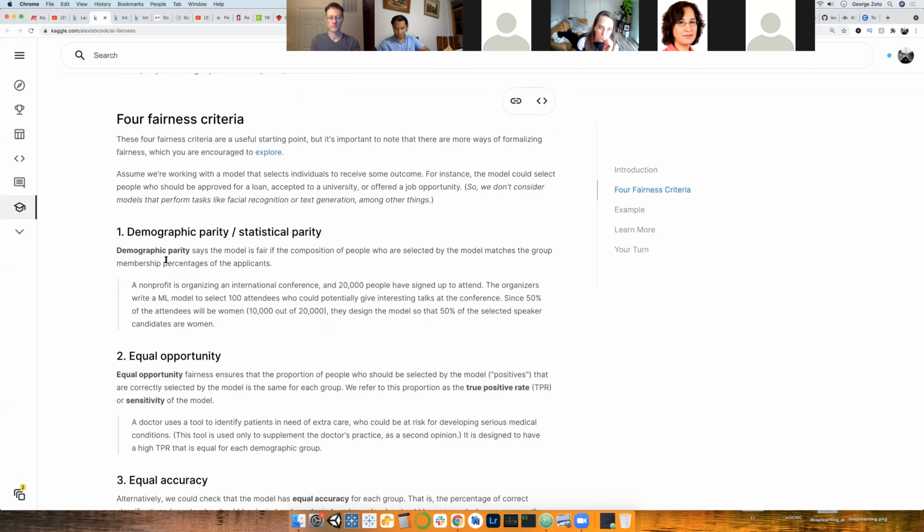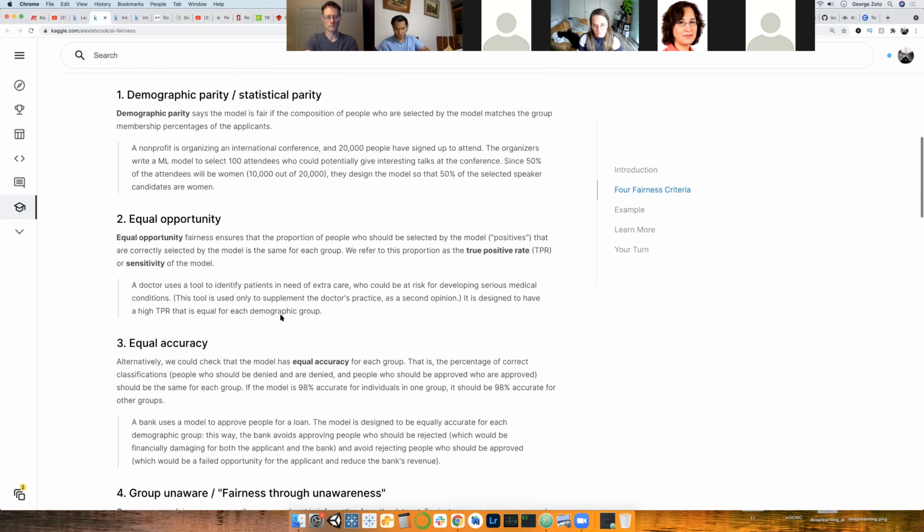So they want to make sure that the model they designed to pick these 100 attendees is representative of the audience actually attending the conference. We want to make sure that the statistics of the population the model is serving are also maintained when the model makes predictions. I'm going to look at some more concrete examples in the exercise.